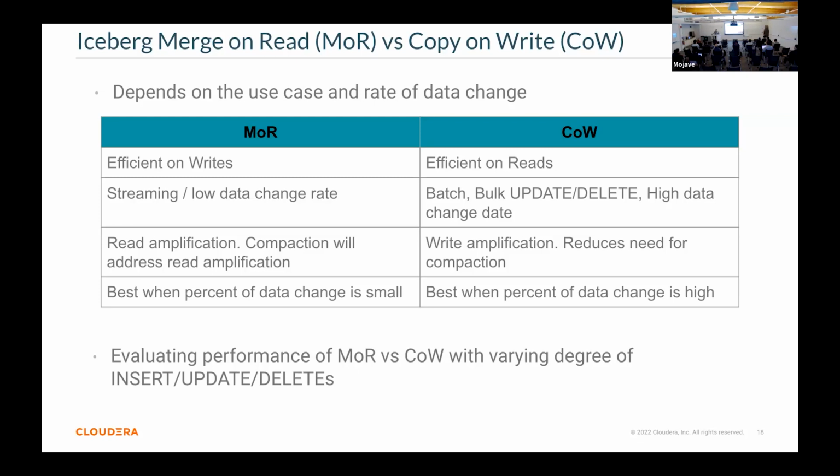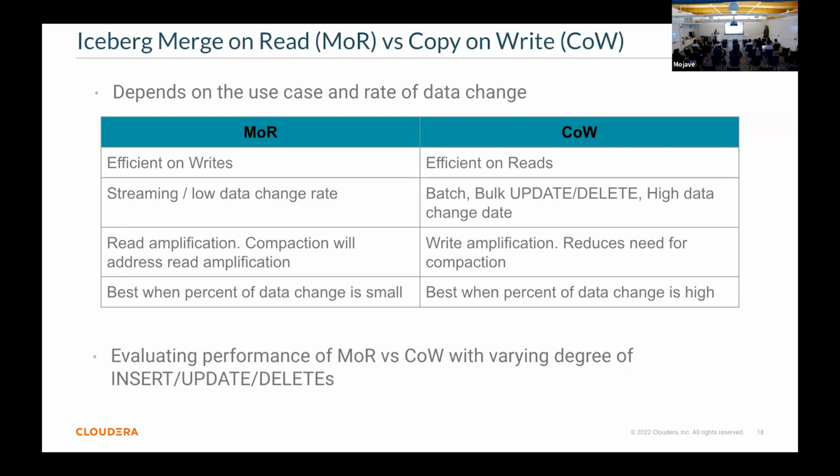If you have lots of, let's say you have more than 50% of the data getting updated in the table, then you don't want to pay the price, at the time of read, of reading all these delta files and then combining them with the original base table. So you ideally want those to be taken care of at the time of the write operation itself. So these are the sort of trade-offs that one has to worry about.